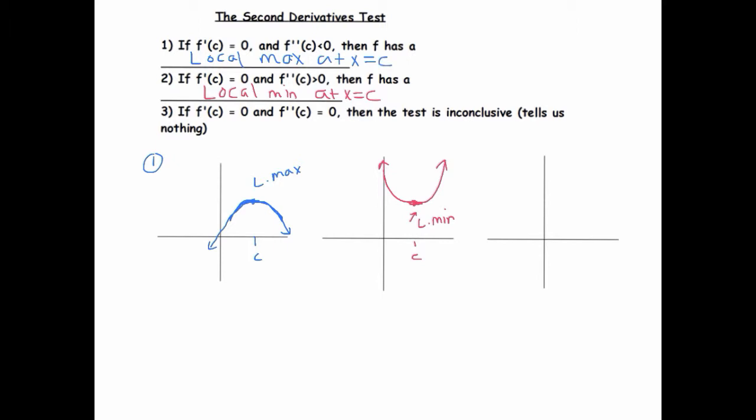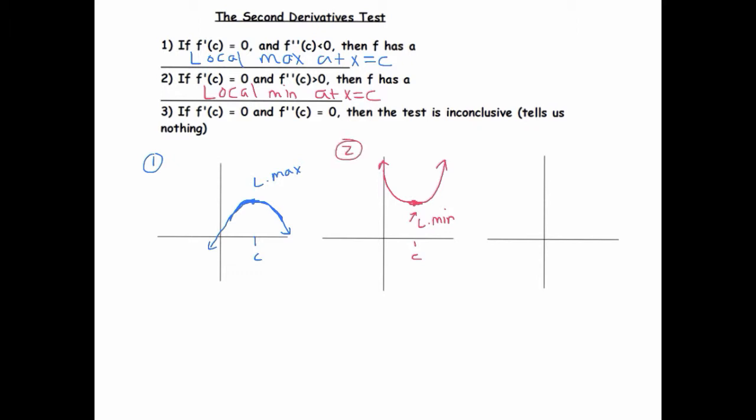So right off the bat you can see the advantage. If you know the first derivative is 0 and you don't want to make an f prime number line and do the first derivatives test, you might just try taking the second derivative and plugging in the c value. If it's positive, you know that you have a min, which seems weird. Why is there a min if it's positive? Because it's concave up. So just think smiles for concave up and frowns for concave down. In any case, it could get you to that answer more quickly.